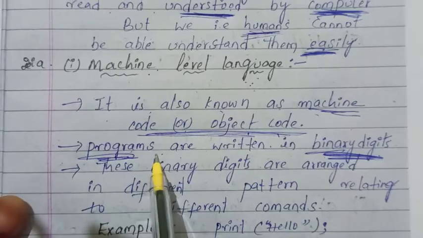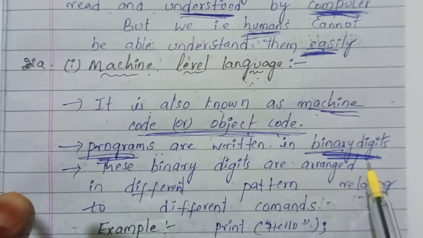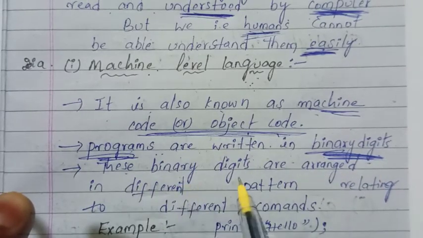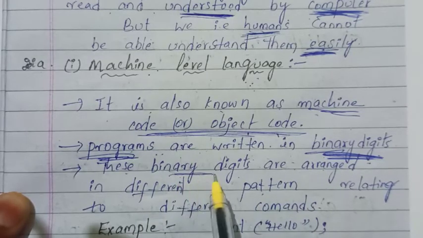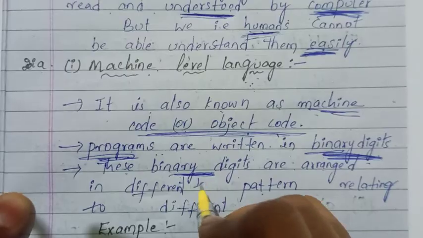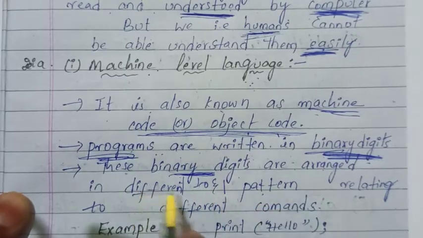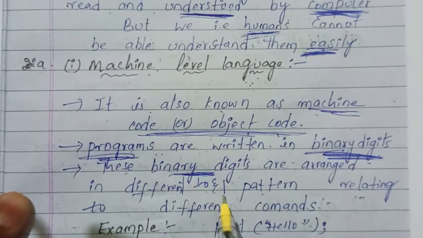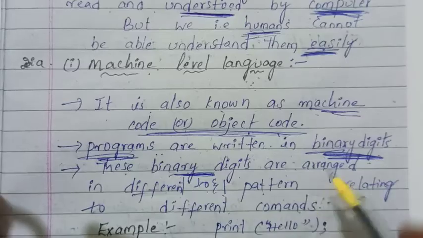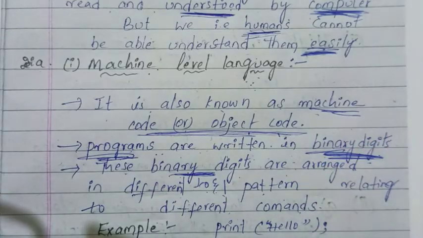So in machine level language, programs are written in binary digits, and these binary digits are arranged in different patterns. Binary digits means 0 and 1, right? So the binary digits 0 and 1 are arranged in different patterns relating to different commands.